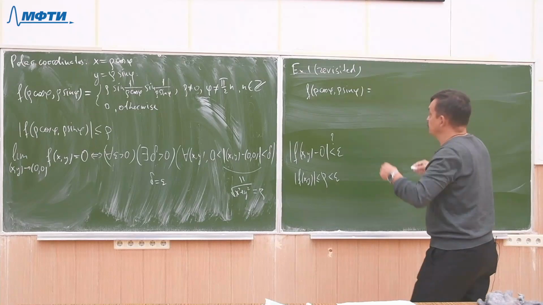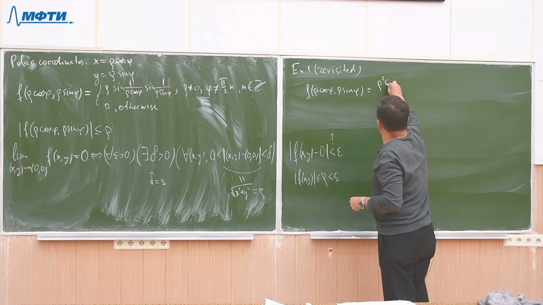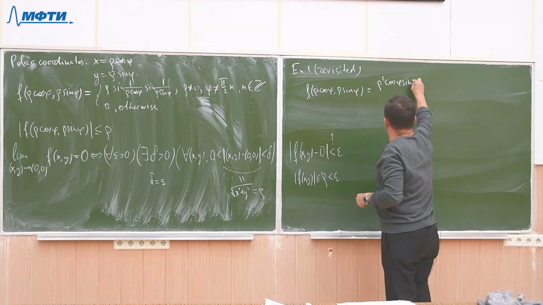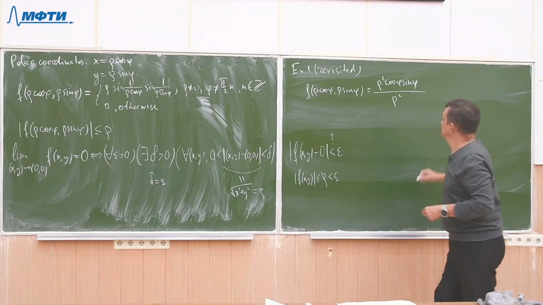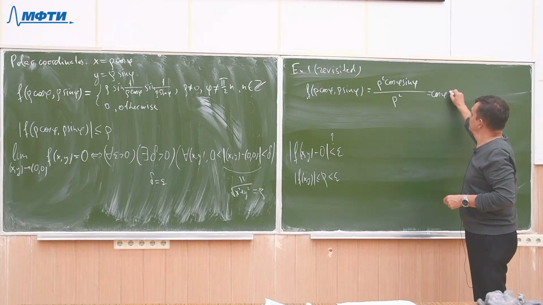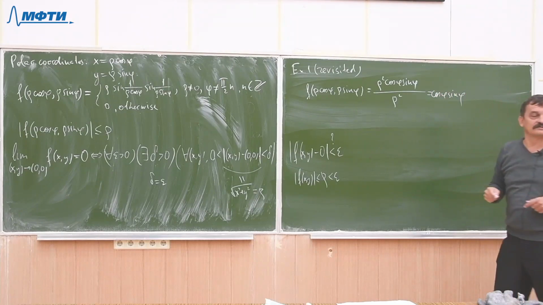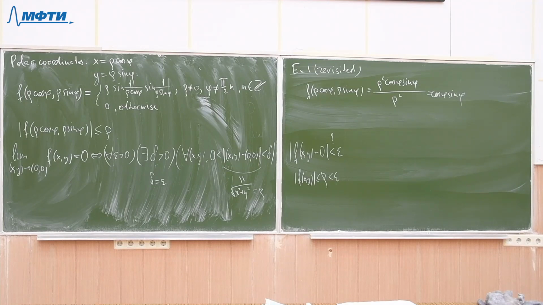We obtain rho squared cosine phi sine phi divided by rho squared. That is cosine phi sine phi, right? So you see, for some values of phi that is 0, right? But for other values of phi that is not 0 and doesn't tend to 0, right? That is why there is no limit in that case.